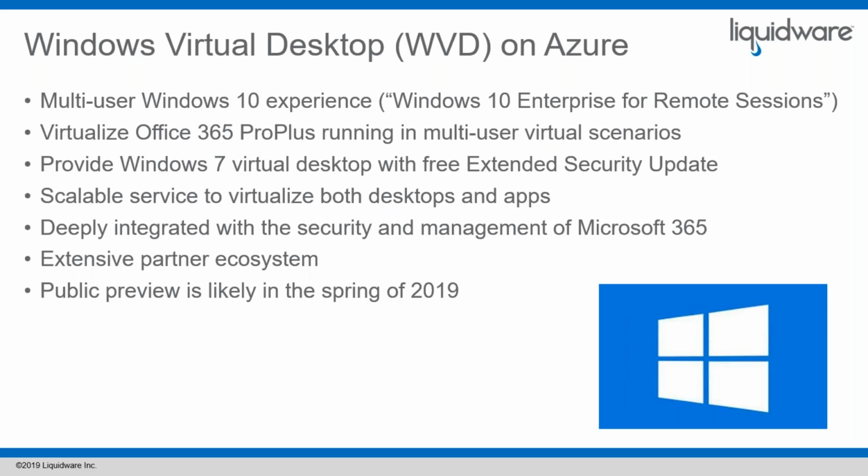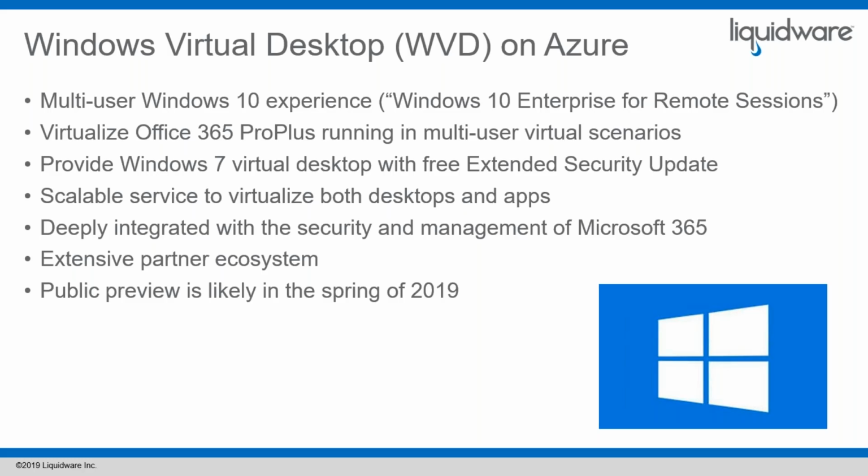One piece of feedback we also hear is, I'm still able to install the full desktop experience on Windows Server, so why wouldn't I just use that instead of going to Windows 10? Well, the big challenge with the desktop experience on Windows Server is that it's only part of the long-term servicing track.